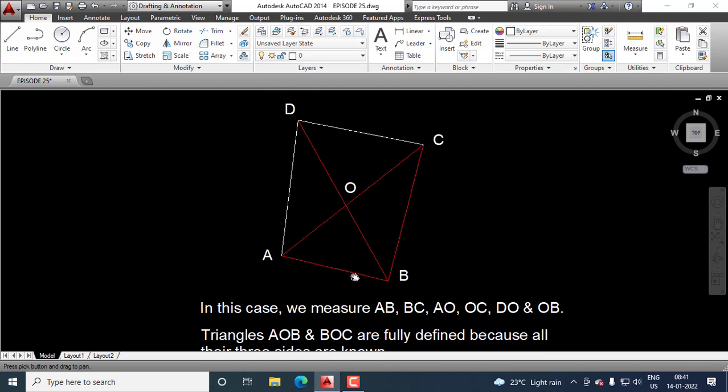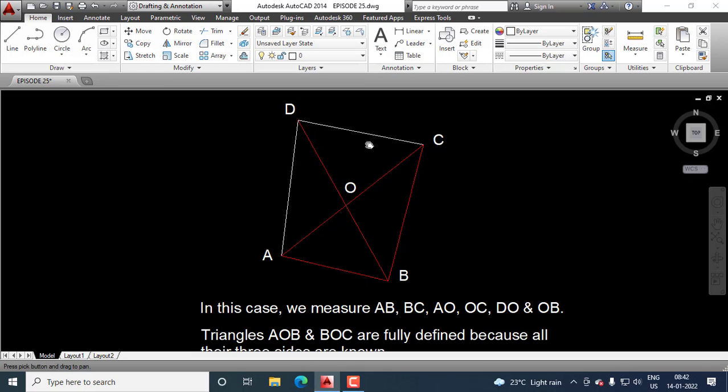We know these three sides of this triangle. That means this triangle is fully defined. We know the three sides of this triangle. That means this triangle is also fully defined. But this triangle is not fully defined because we know only two sides.